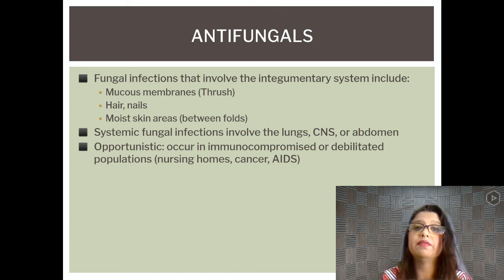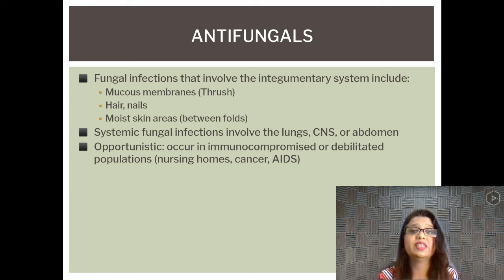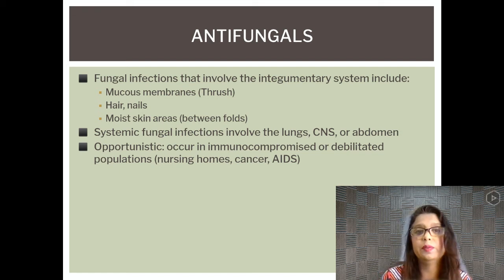There could be systemic fungal infections when patients are bedridden for a long time and their immunity is very low, and they might develop infections in the blood and in the body. It involves the lungs, CNS, central nervous system, and abdomen. Opportunistic infections occur in immunocompromised and debilitated populations, such as people in nursing homes, who have cancer or AIDS, patients who have been sick for a long time.